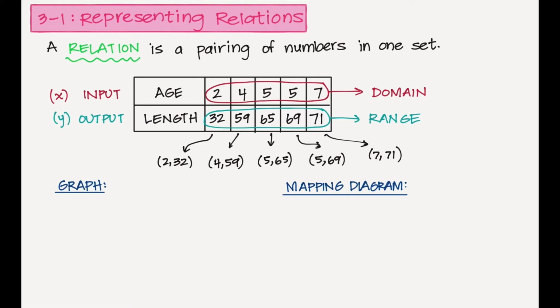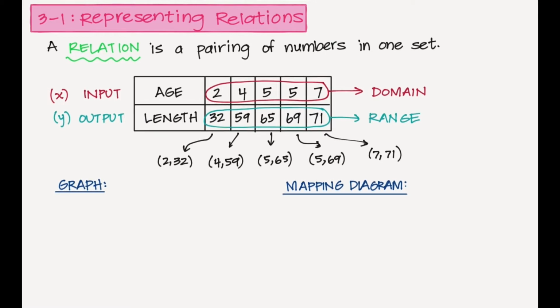Okay. I can also represent all of this information or data as a graph. So for my y values, I'm probably going to count by tens. So I'll have 20 and 40 and 60 labeled right there. And then for the x values, I could just count those by ones.